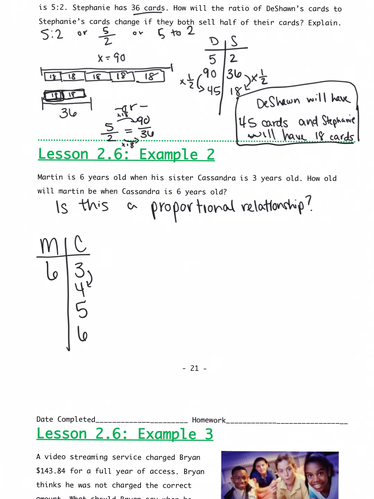You just add one: plus 1, plus 1, plus 1. Now for his ages, when she's 4, he'll be 7. When she's 5, he'll be 8. And when she's 6, he'll be 9. Again, that's just our plus 1.